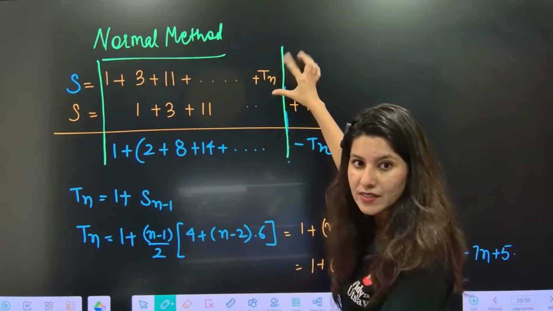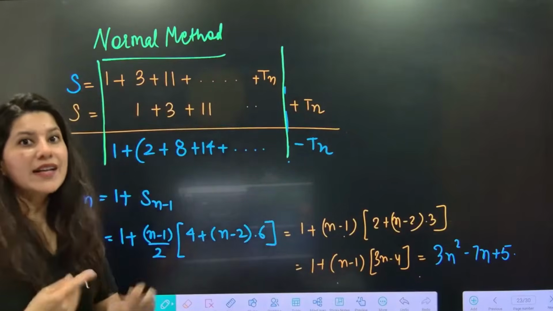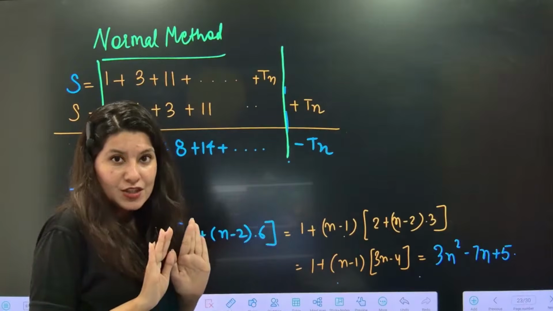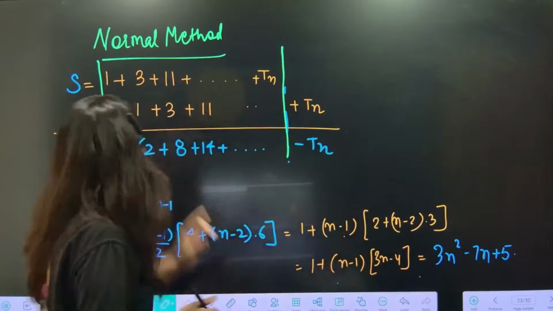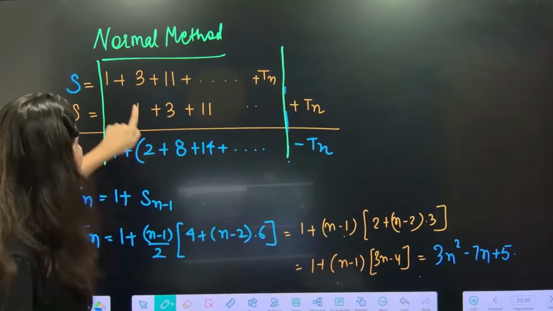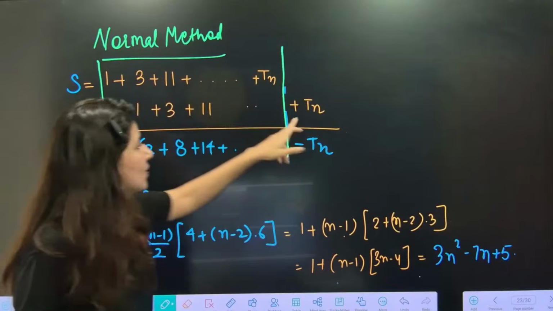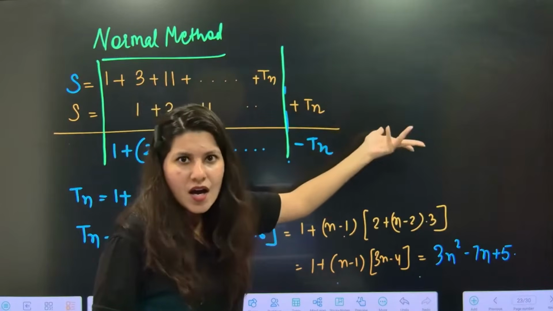In the next line, rewrite the same sum, but this time shift the series one step ahead. So 1 will not be written over here, rather we start 1 from the second position, plus 3 plus 11. In such a manner, Tn will go one step ahead.